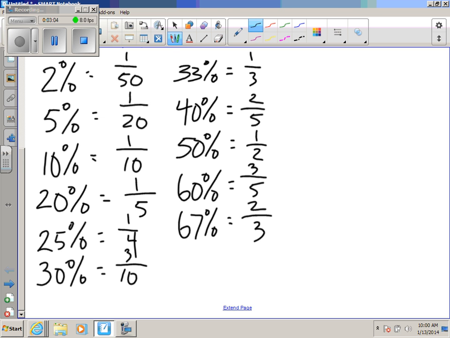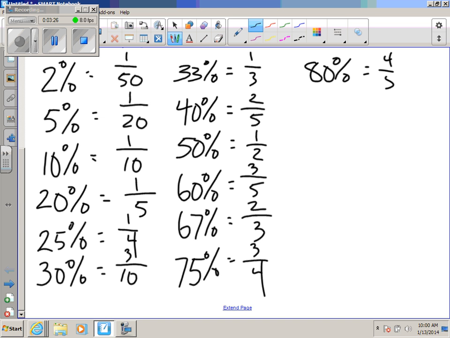67%, 66%, 67 is going to be about 2/3. Probably no need to go 70% when we got 67 and 75%. 3/4. 80%. 4/5. 90%. 9/10. 100% equals 1 whole.